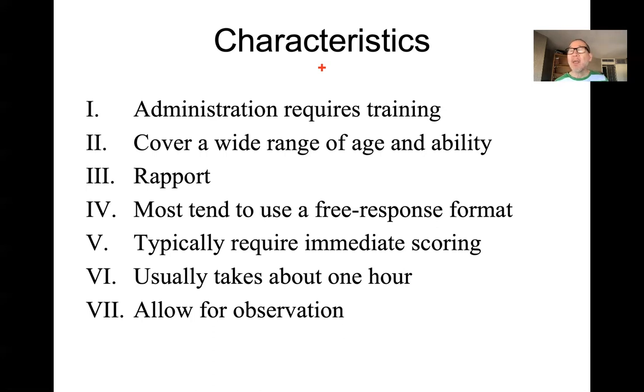Many of the tasks asked in an IQ test tend to use a free response format, an unstructured response format. So it allows the examinee to expand on her or his answers or explain their answers, and this can actually affect scoring. It's not just like true, false, or multiple choice where the scantron is just going to go beep and give you a particular score.